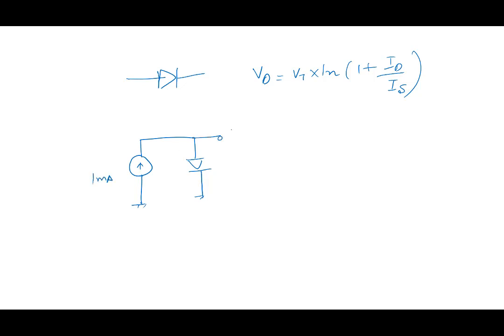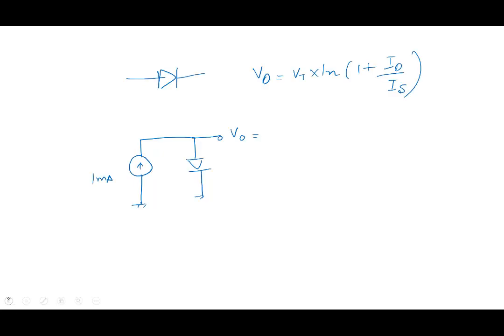How much voltage will I measure? It will be obviously this diode voltage, and for 1 milliampere we have been saying this will be equal to 0.7 volt. Correct? 0.7 volt, but keep in mind, this is at T equal to 300K.